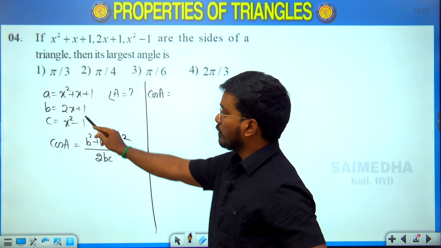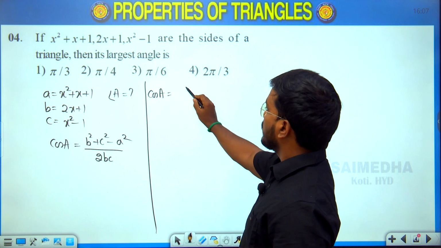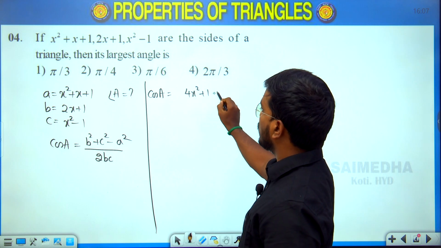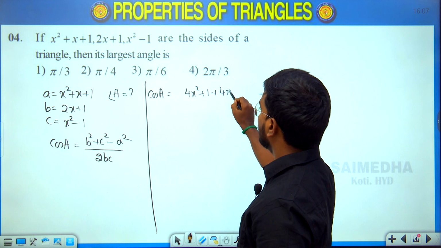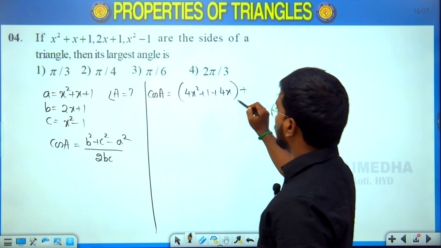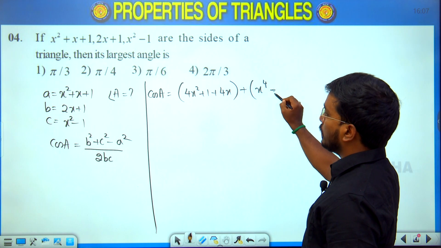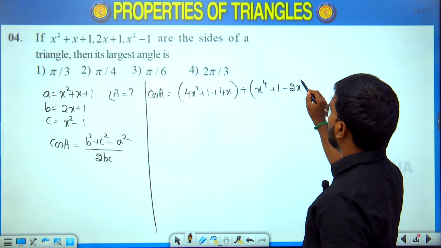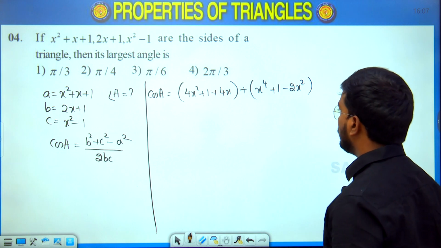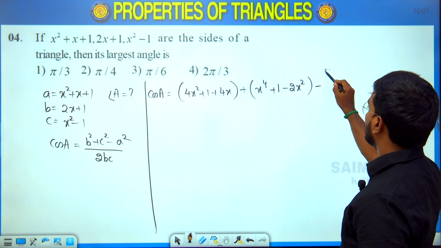So starting with b square first. B square is what? A plus b whole square, that is 4x square plus 1 plus 4x. C square is x square minus 1 whole square, that is a square plus b square minus 2ab. Then we have minus a square.